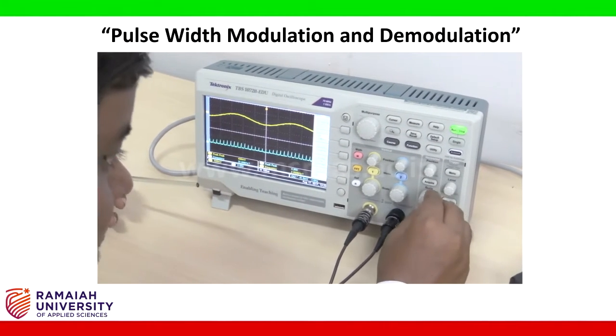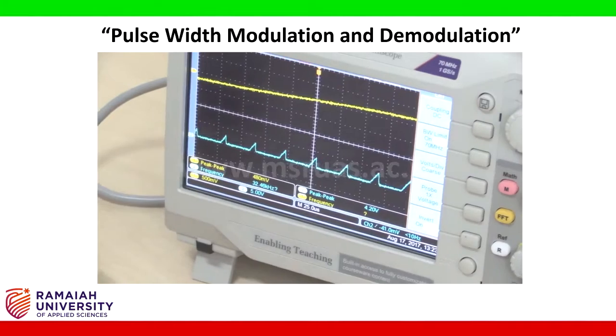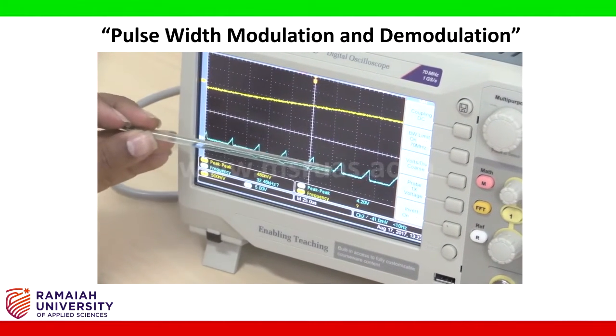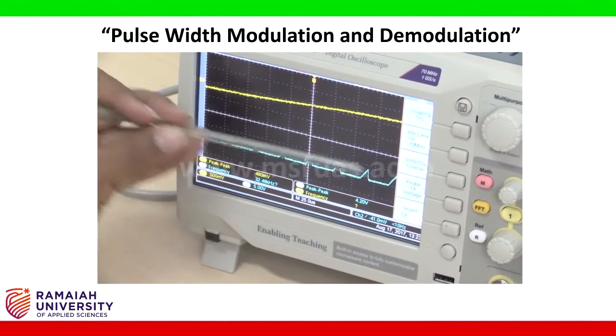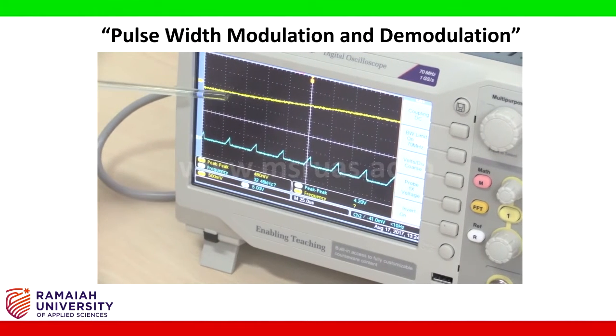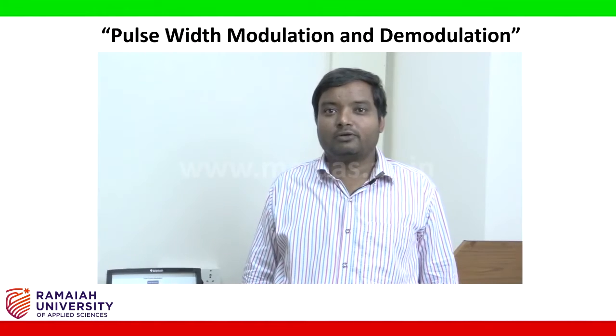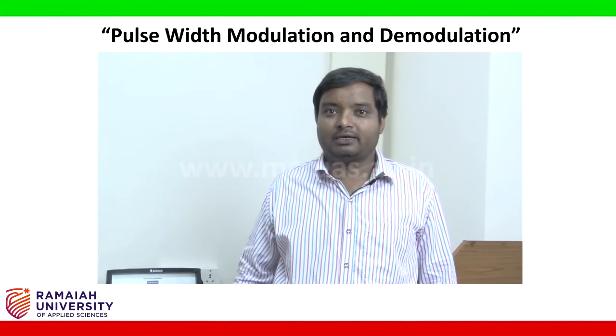You can observe here, when amplitude increases, the pulse width is also increasing. When amplitude is decreasing, pulse width is also decreasing. Pulse width modulation block is explained.